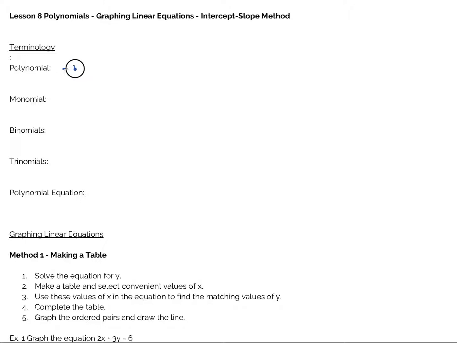So we have -4 would be an example, 1/2, 2x. We might have something like -5x squared plus 6x plus 2. These are all polynomials. Couple things: there are no fractional or negative exponents in a polynomial. They're just called simple expressions.